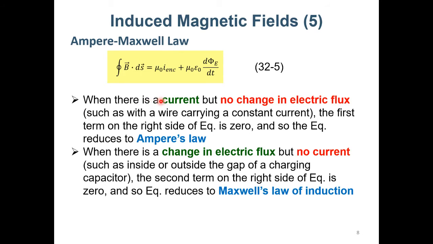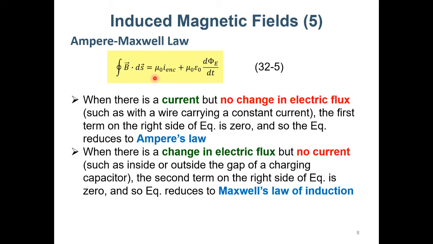So in this case, when there is a current but no change in electric flux, only the first term is non-zero, the second term will be zero, so it reduces to Ampere's law. And when there is a changing E field but no current, then the second term is non-zero and the first term is zero, so it reduces to Maxwell's law.